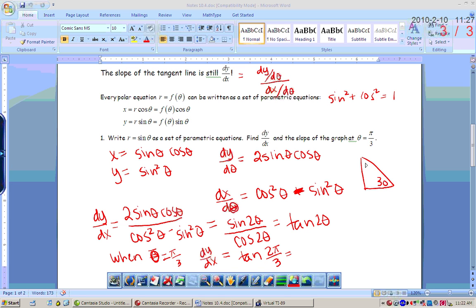Okay, 60-degree reference angle would be root 3, but that's in the second quadrant, so negative root 3. Good. You got there faster than your teacher. All right, so the big thing is that you've got to turn that polar equation into a set of parametric equations.